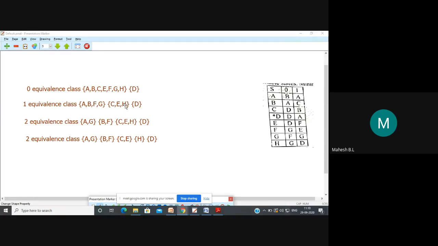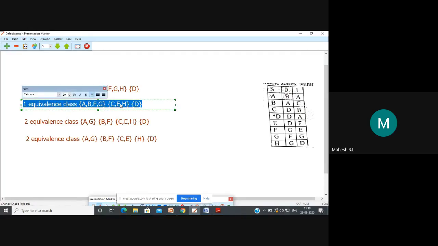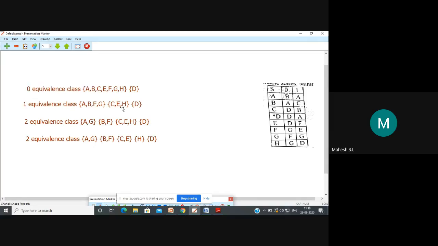H is actually different with respect to C. Even H can be partitioned here itself, but you have kept it in the same class. Later it will be partitioned anyhow. If you miss it, later it gets partitioned because C and E, their transition on 0 is here, 1 is here, but H on 0 it is here, 1 it is here. That's why H is different. At the end it gets partitioned. Here also you can write it separately, no problem. Then now consider A, B, F, G.